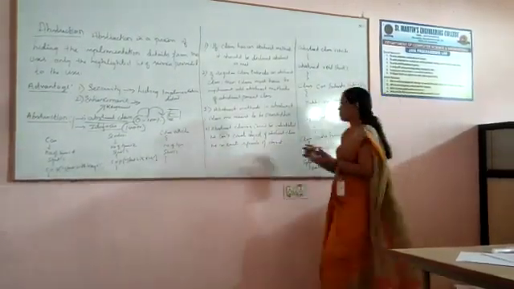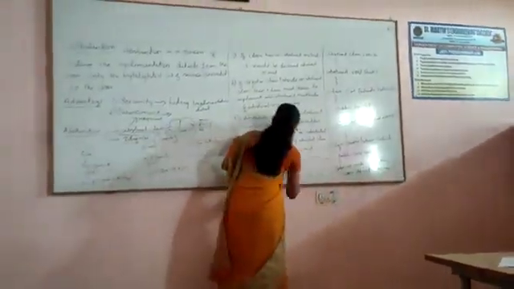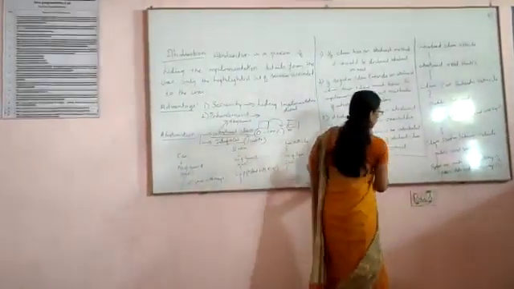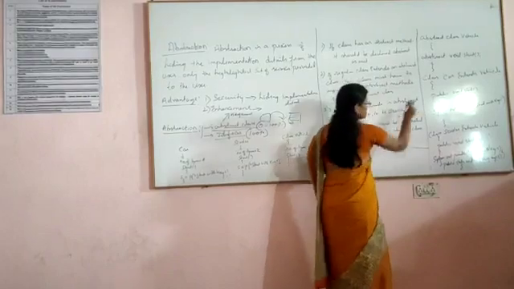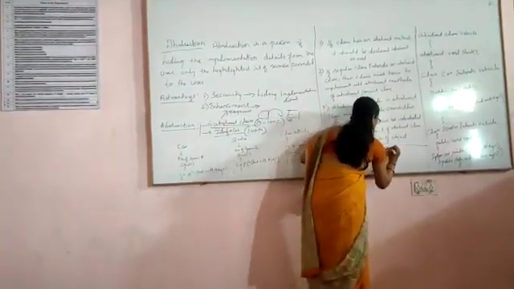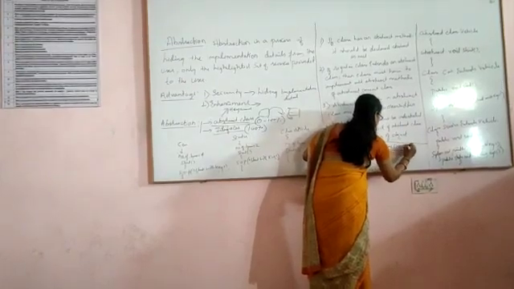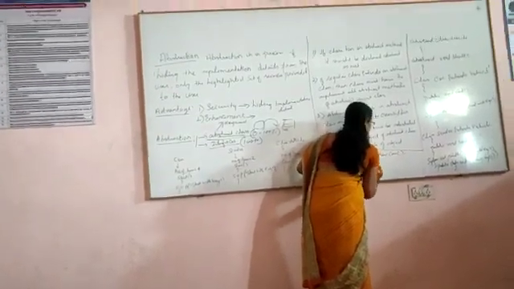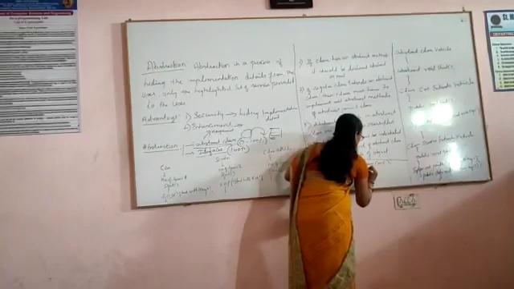So, let me show it here. I am creating an object of Car first, and I am calling the start method.